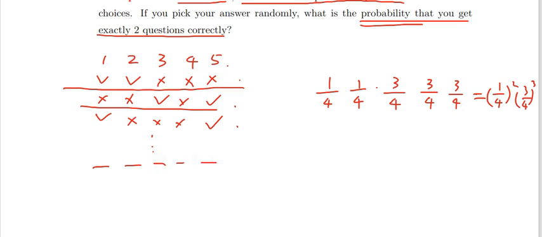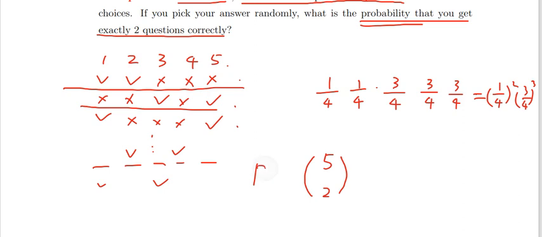These 2 I answer correctly, and the other 3 I answer wrongly. It can be these 2, or these 2, or these 2. So how many ways? From 5, choose 2.